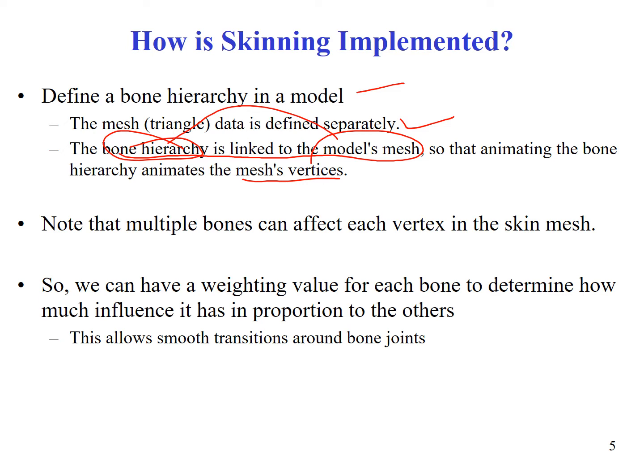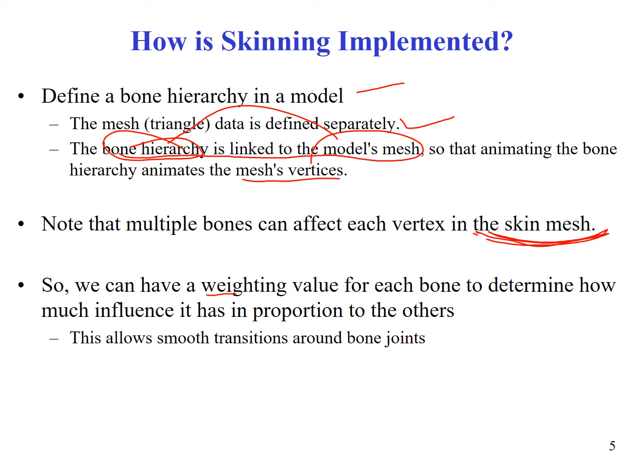Note that multiple bones can affect each vertex in the skin mesh, and this is where the smoothing effect is achieved. Every vertex in the mesh can be affected by more than one bone, and possibly by all bones. So we can have a weighting value for each bone to determine how much influence it has in proportion to the others.